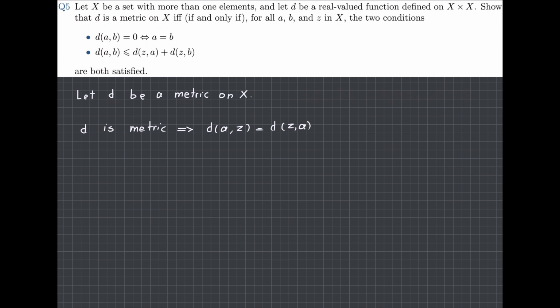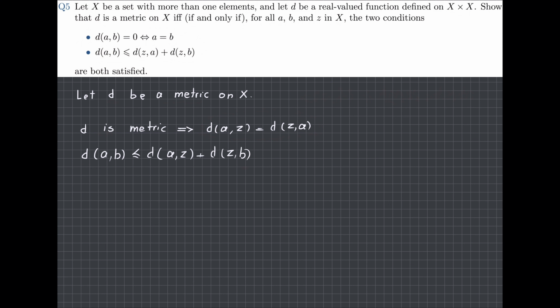Okay? And now we know that because D is a metric, D of A and B is less than or equal to D of A and Z plus D of Z and B. Okay? D is a metric, it is symmetric, so I have this equality. D is a metric, so I have the triangle inequality.